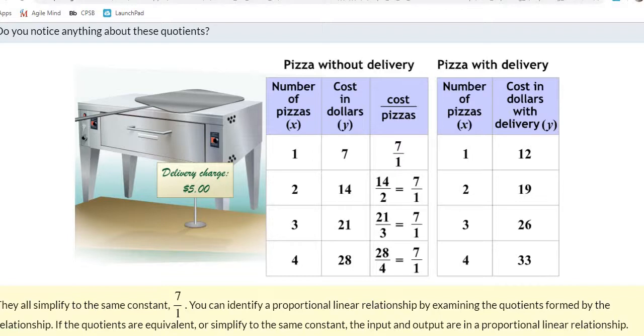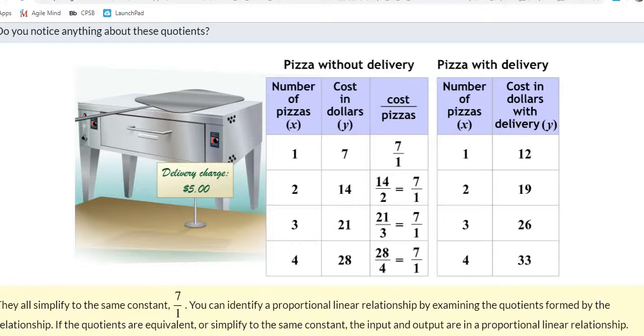So, would you agree that 7 over 1 consistently happened? Yes. Because the word constant means it repeatedly happens or occurs. So what is the constant for this pizza without delivery? 7 over 1, or just 7?